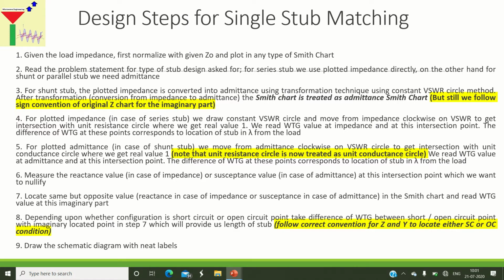We go ahead, and now this is the detailed design step for designing single stub matching. Okay, so in single stub matching, please remember we can design series stub as well as we can design shunt stub or parallel stub, and these design steps are applicable for both types. Okay, so when we come across solving a typical example for series stub and parallel stub, you will come to know how exactly these steps are followed, right?